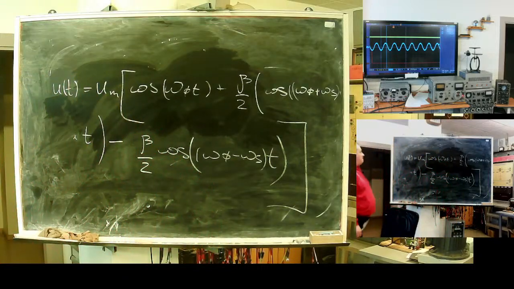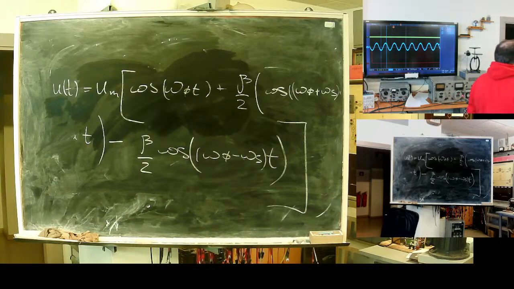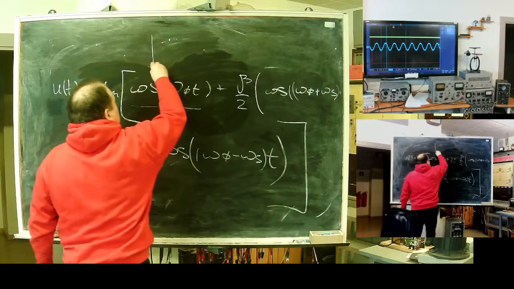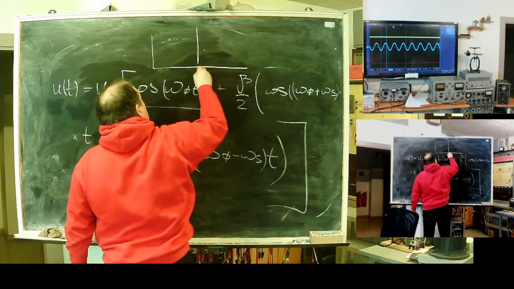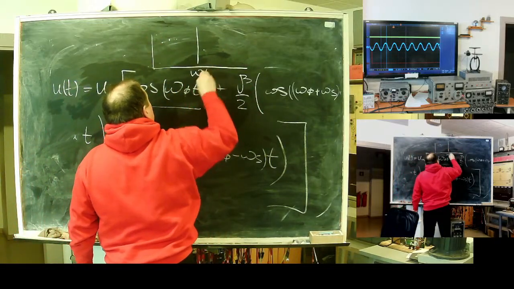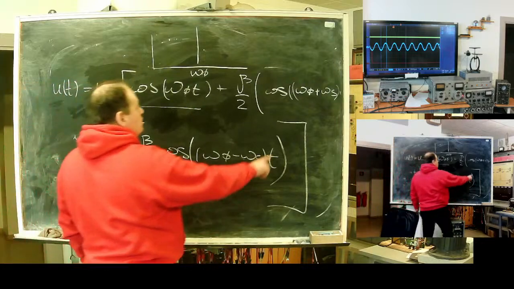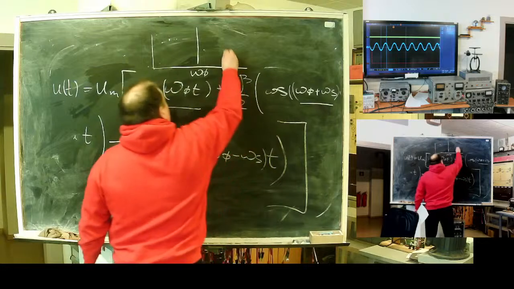So, what do we see? Something familiar? No? Take a look. Component 1, omega 0. Contains information? No, it has 0 information. Component 2, omega 0 plus omega.